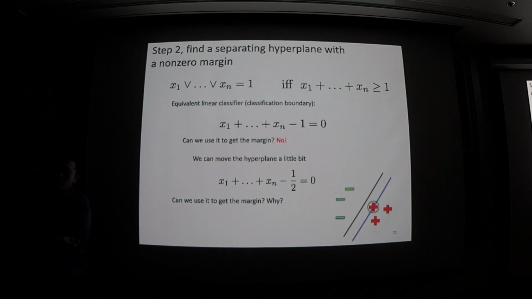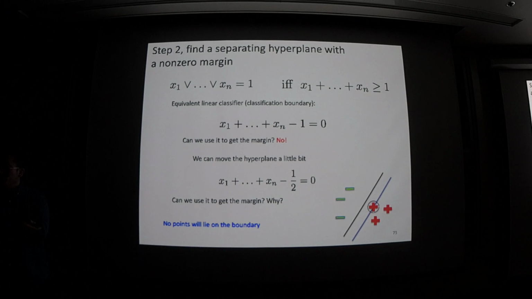It's another non-zero value. So in this way, we see that no points will lie on the boundary. Does it make sense?